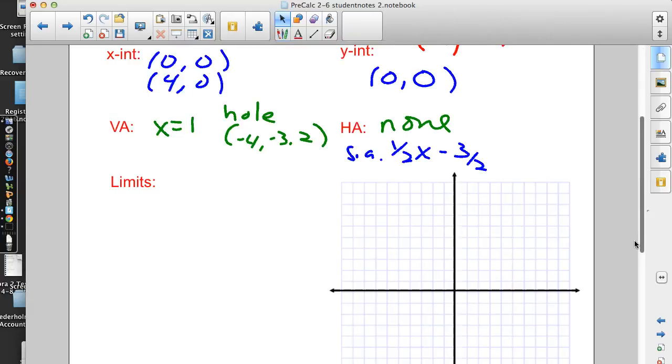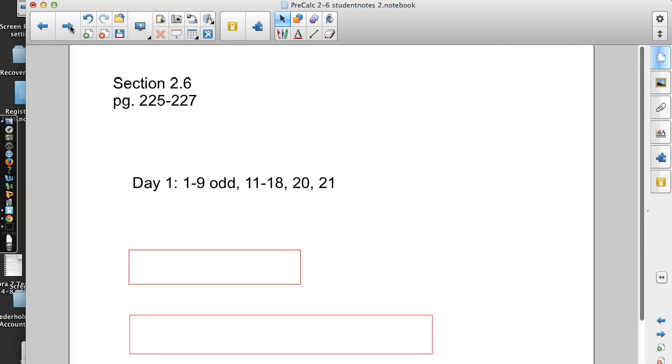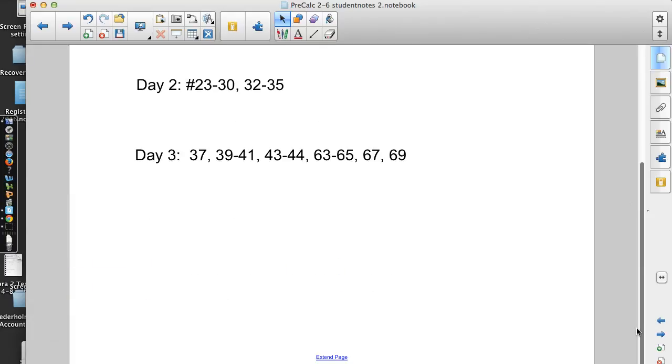Well, I believe that last year I was gone and a substitute taught this and I didn't get far enough. And I think I have a video to finish up this example. So for those of you that really want to finish this one up, there's a lot going on here. I will put that video up for you. But I did your assignment last night, and it's not the toughest problems we're doing here. It's the bottom one there.